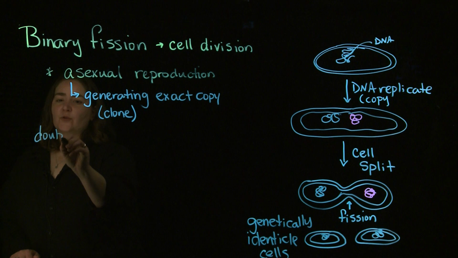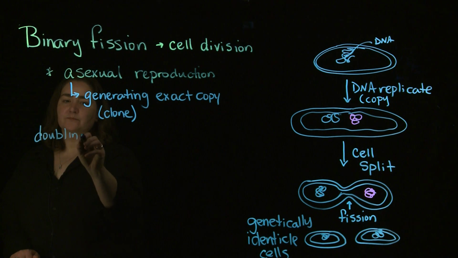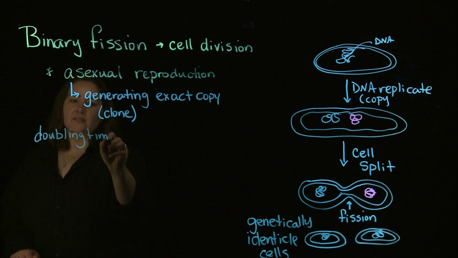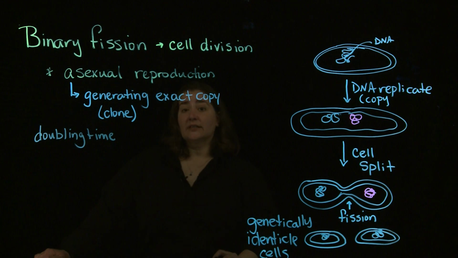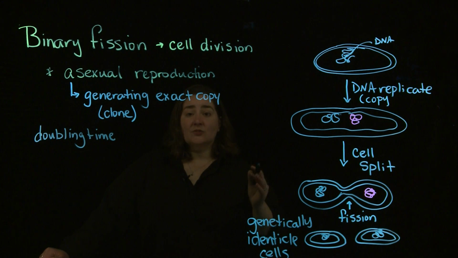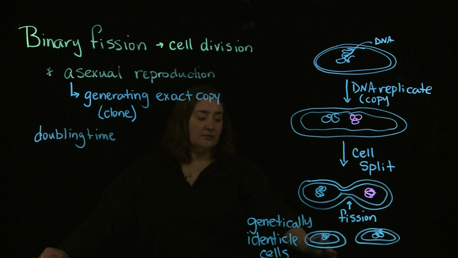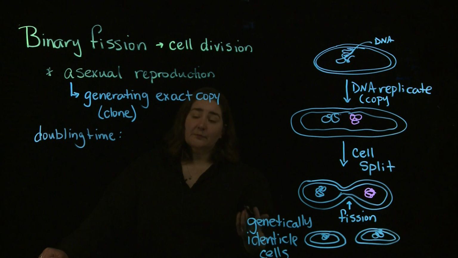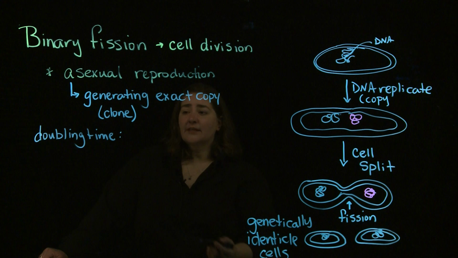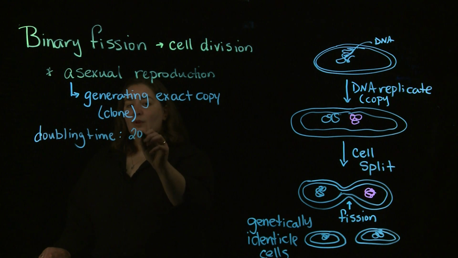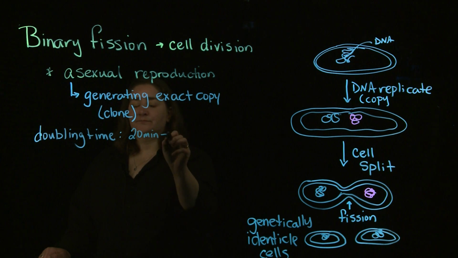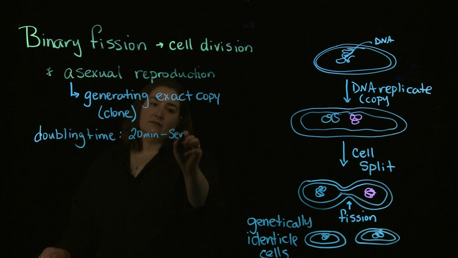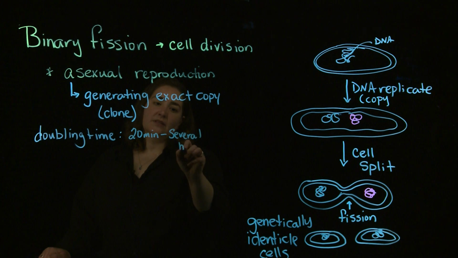In terms of bacteria, when we talk about binary fission, very often what you will hear is that expressed as a doubling time. So doubling, going from 1 to 2. Most bacteria have a doubling time between roughly 20 minutes and several hours.